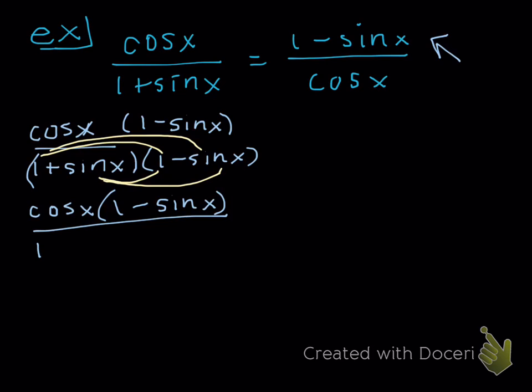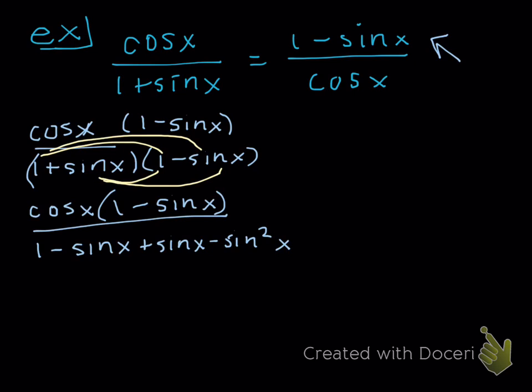So 1 times 1 will give me 1. 1 times negative sine of x will give me negative sine of x. Positive sine times 1 will be plus sine of x. And then this positive sine times the negative sine will be negative sine squared of x.